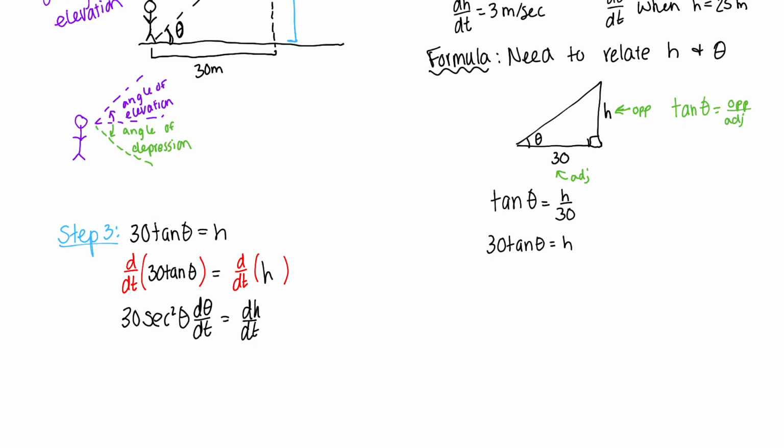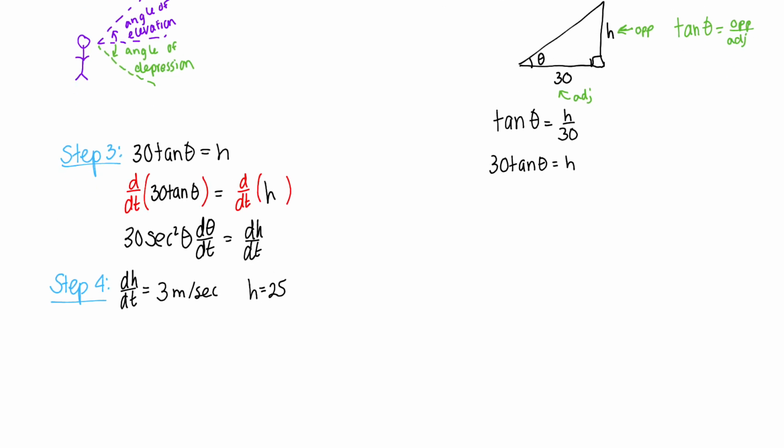So plugging in what we know, we know that dh/dt is 3 meters per second, and we know that h is 25. But that's kind of a problem. We want d theta/dt.